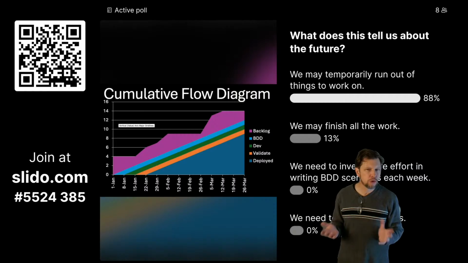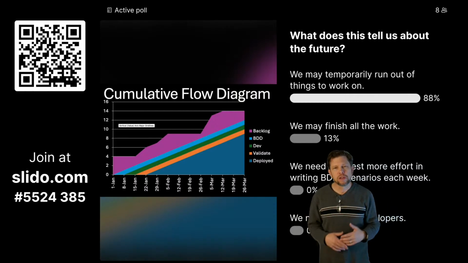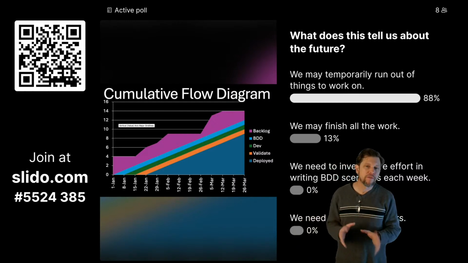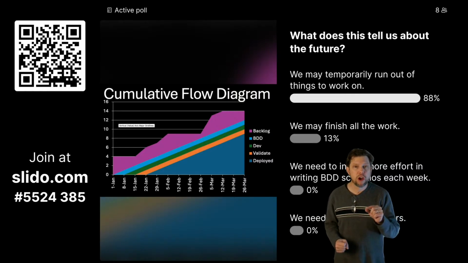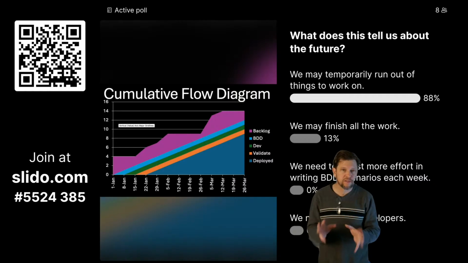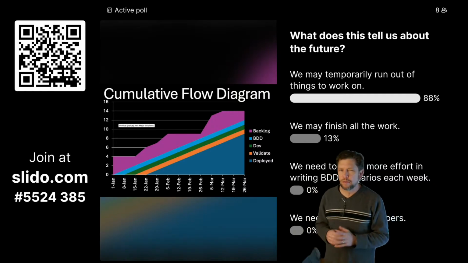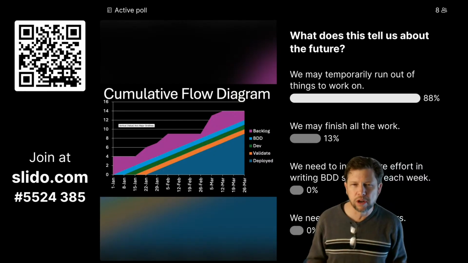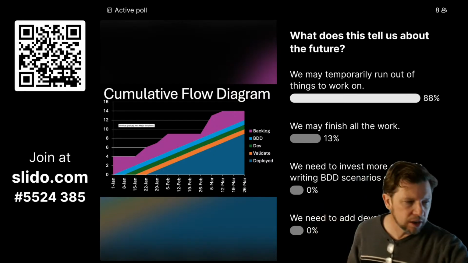There's stuff that the user knows would be valuable, but it's just not making its way in. You know, we only fill up the backlog every 4 weeks or something. And maybe we need to invest more in filling out the backlog so we can make sure that we're working on higher return on investment items. Because in this case, we may be getting to the point where we're working on lower investment things, even if the organization knows of something that's higher investment, and we're just not getting to it.